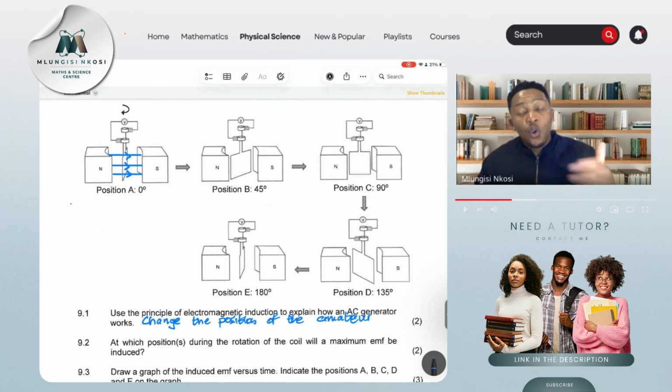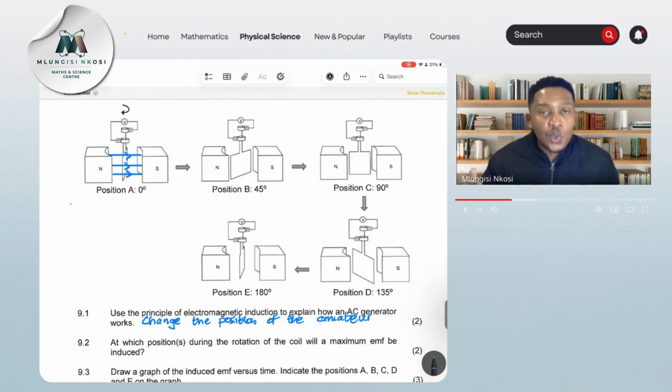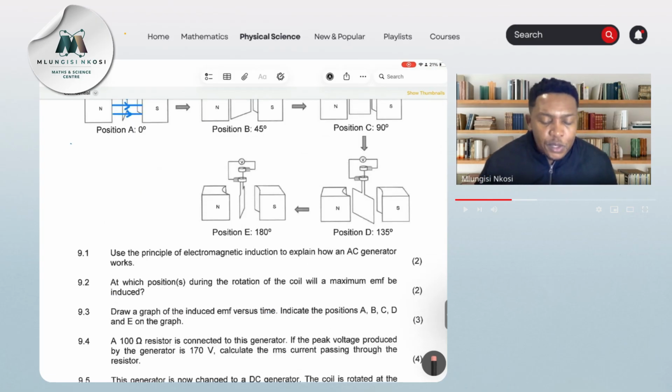By changing or rotating the position of the armature within the magnetic field, we cause a change in magnetic flux, and the change in magnetic flux will in turn induce a current. So by changing the position, we're changing the magnetic flux linkage, and as a result a current is induced according to Faraday's law. Let's go to the next one.